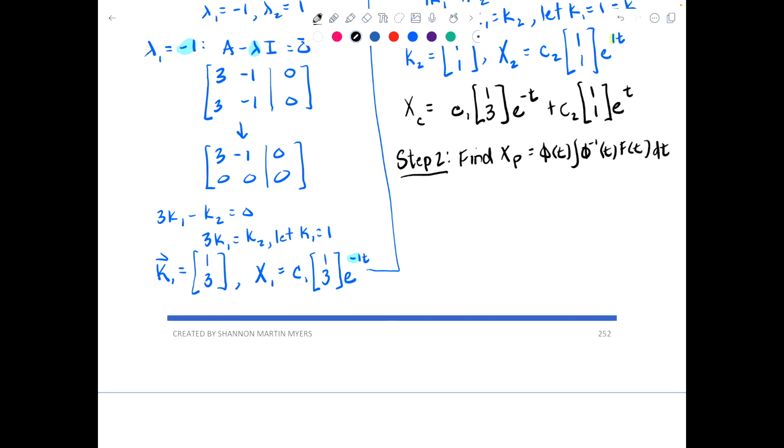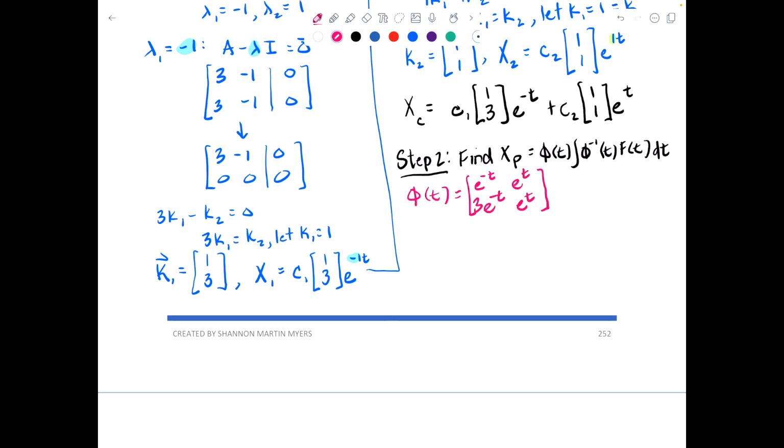So Φ at t is equal to 1 times e to the negative t is e to the negative t. 3 times e to the negative t is 3e to the negative t. And then the other ones will just be e to the t, because they had a coefficient of 1. All right.